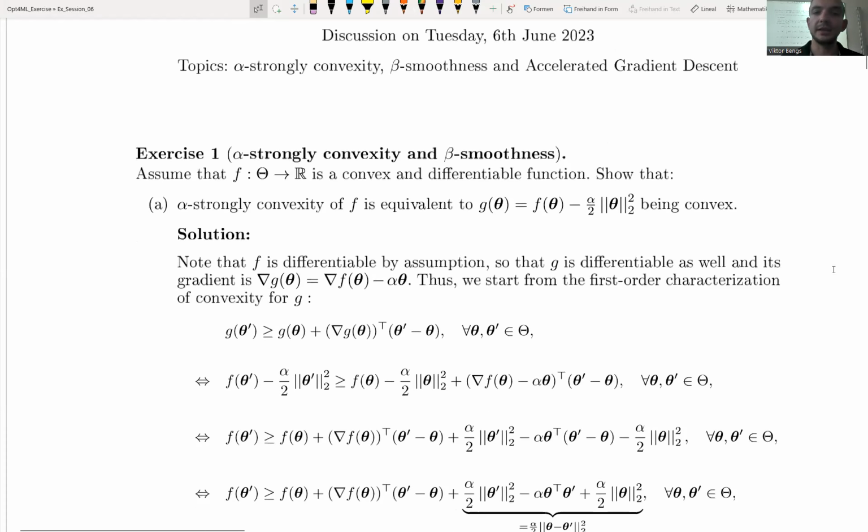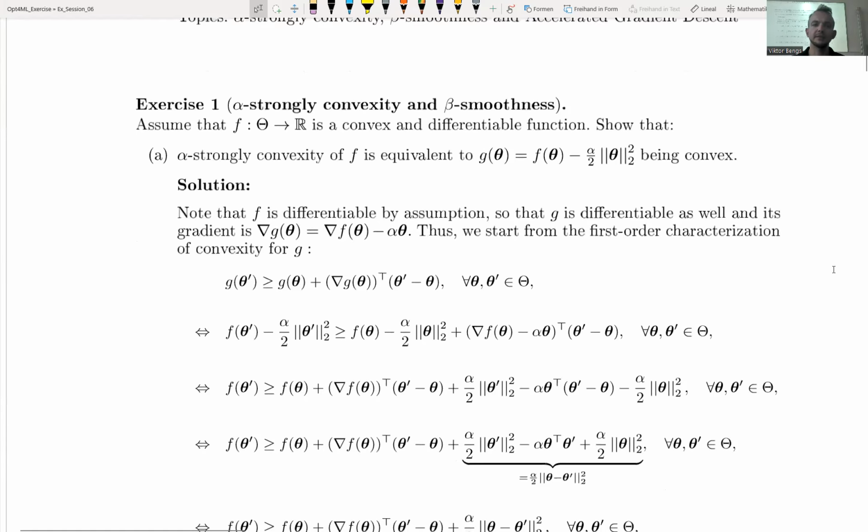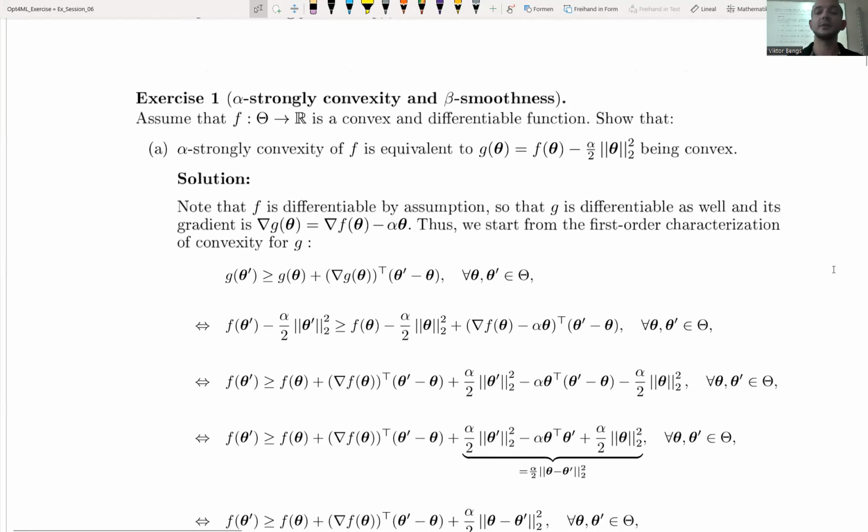So let's start with the first exercise, where we have exactly these two topics of alpha strong convexity and beta smoothness. The first thing we want to show is the following equivalence, where we assume throughout the exercise that our function we are interested in, f, mapping from some solution space, theta, some subset of R^d, is a convex and differentiable function. Differentiable is important, and also, of course, convexity later on.